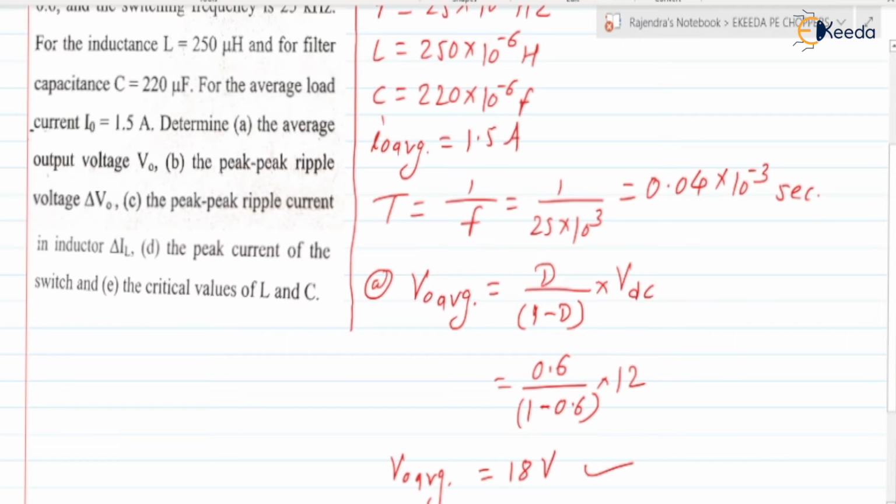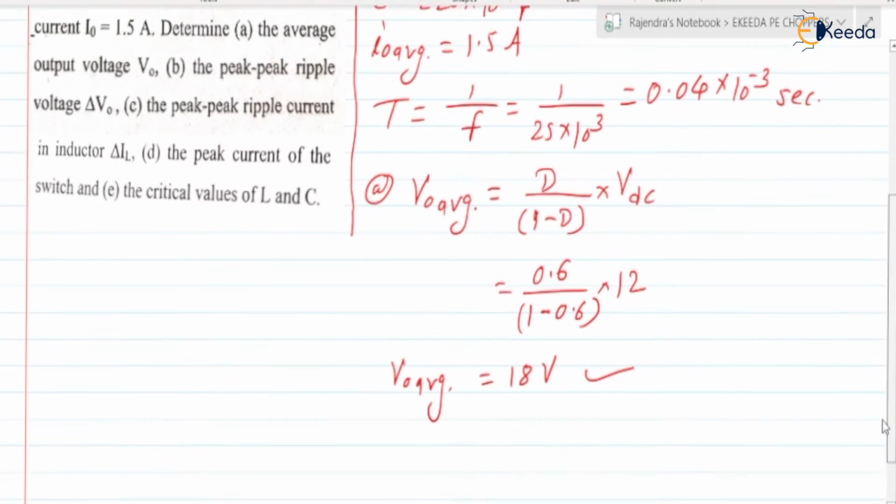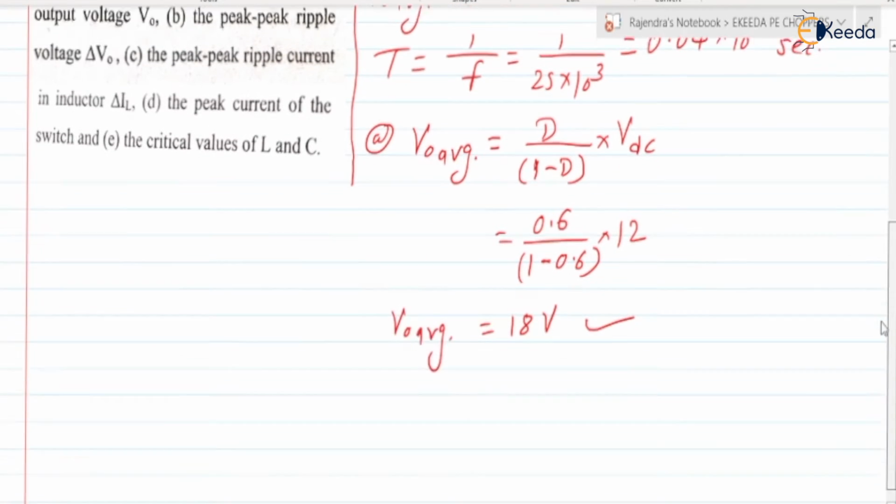Next, the peak to peak output ripple voltage delta V0. For the second bit we need to find delta V0.